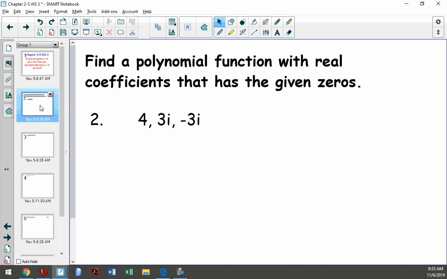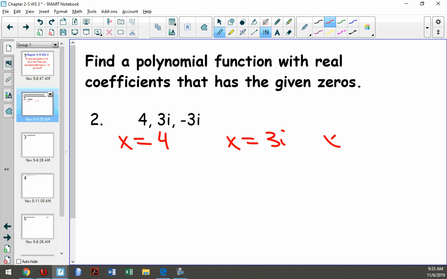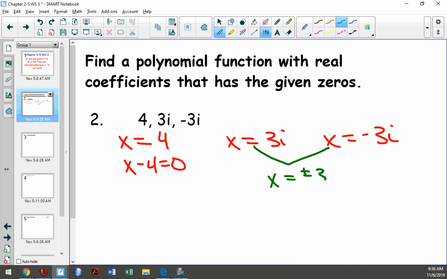So the first thing we're going to do is set x equal to every one of these. X is equal to 4, and x is equal to 3i, and x is equal to negative 3i. Now, x minus 4 is equal to 0, and then these two I can write as x is equal to plus or minus 3i.